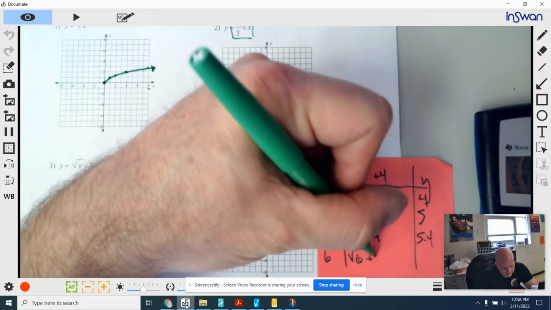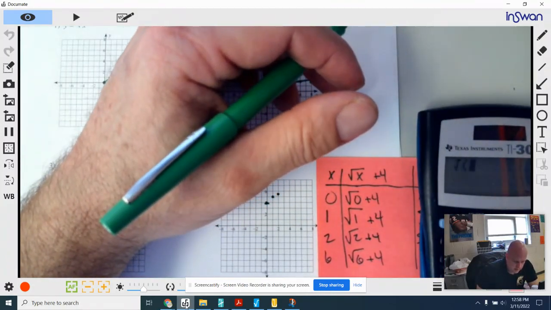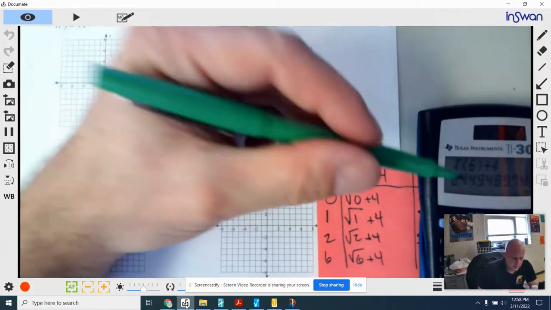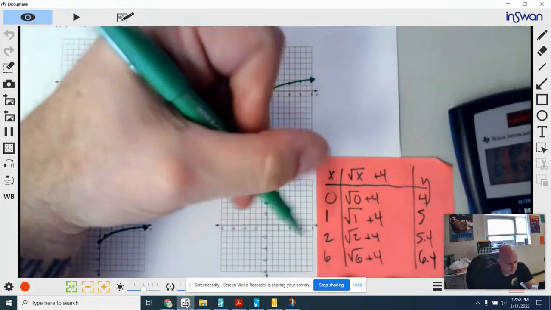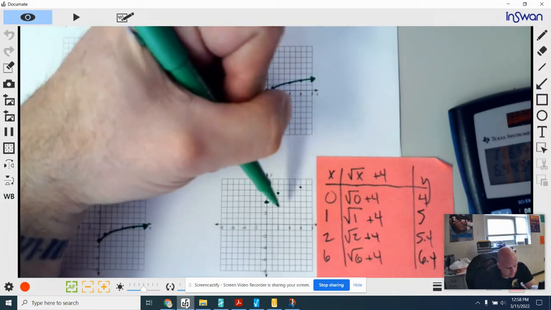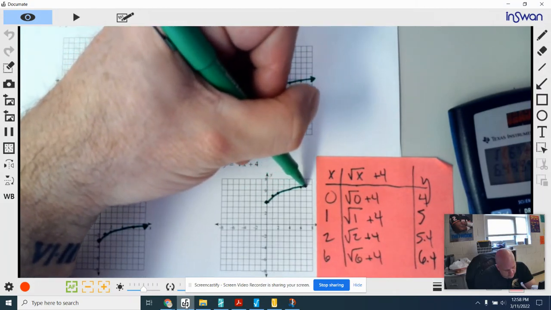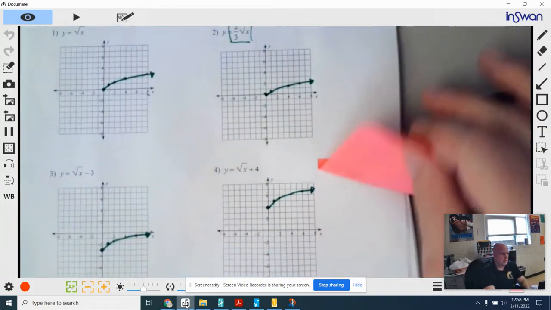So square root of 6 plus 4. So square root of 6, closing parentheses, plus 4, and it's about 6.4. So at 6, we're all the way up to about 6.4, like so. Okay, estimate the curve. It's going to continue on, like so, and there's that one.